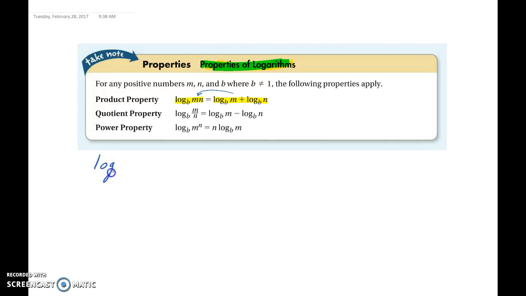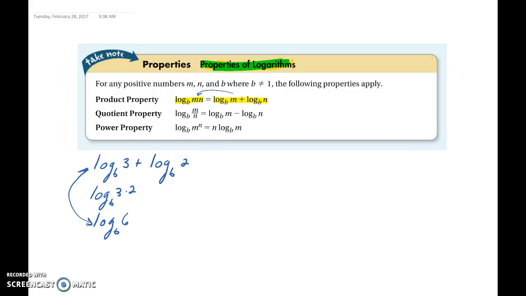One of the things that you have to be able to identify for this is that they must have the same base. If they do not have the same base, you cannot do this property. Since they are being added together, this can be rewritten as log base b of 3 times 2, or log base b of 6. These are interchangeable. They represent the same number, just presented in a different way.